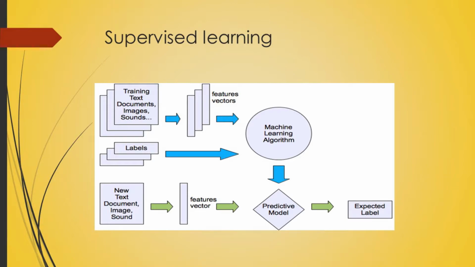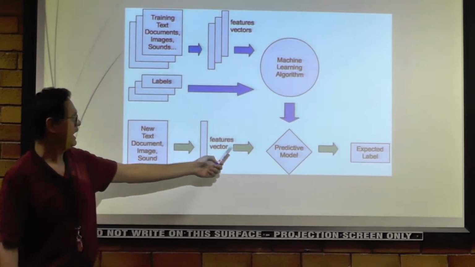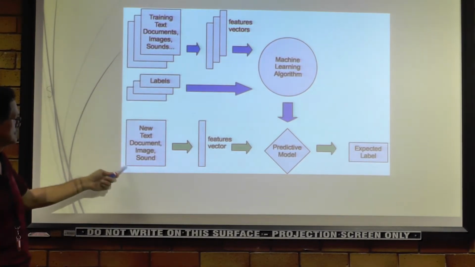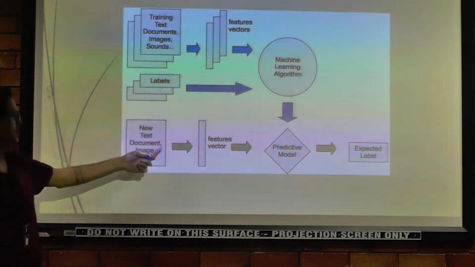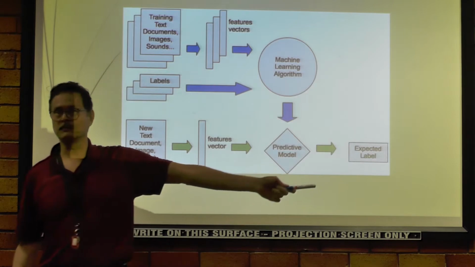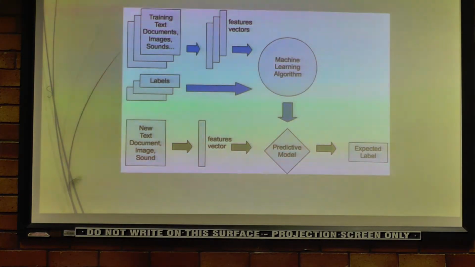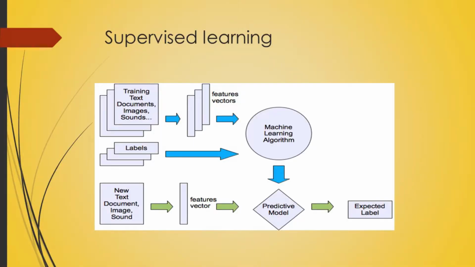So all this data is fed here, it learns something, and it gives us a model. And then for the new data that we want to take, we apply it to the model, and we get the result that we are interested in. That is the normal cycle of a supervised learning predictive model. Okay? Is that clear? I don't know if it's clear, but you are saying yes, so I assume it's clear.